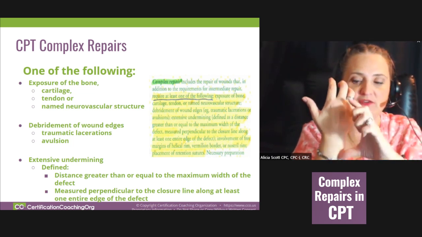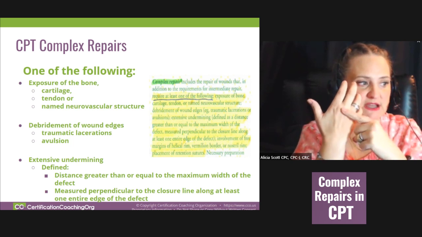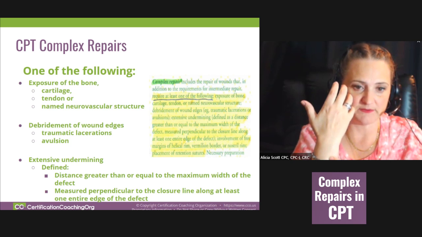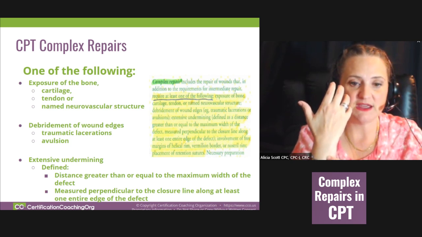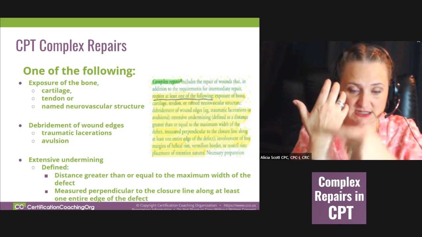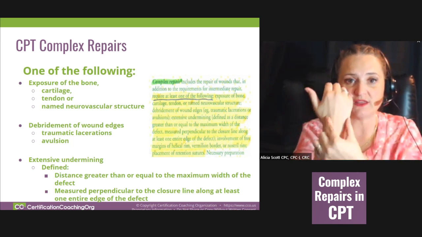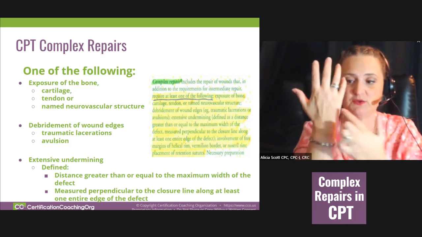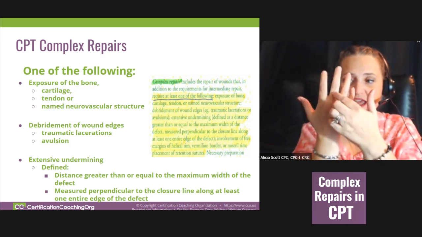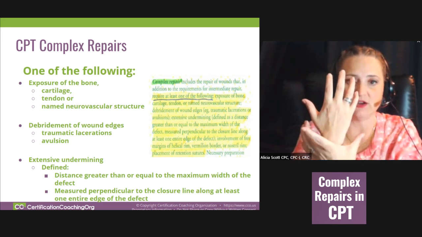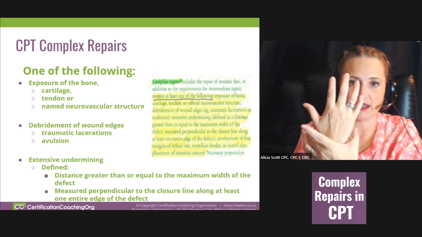If the laceration goes from this knuckle down past my wrist, that would be the length. So if the distance, this length, is equal or maximum to the width of the defect, from here to here. So let's say I've got a traumatic laceration from here to here, and it's laid open across my hand.